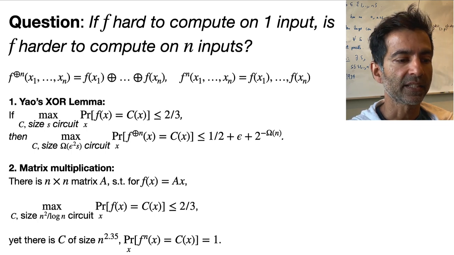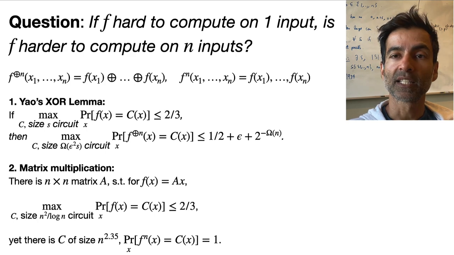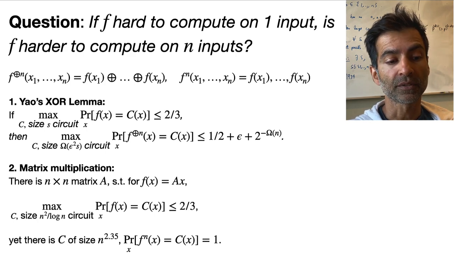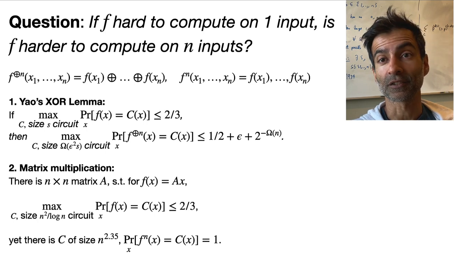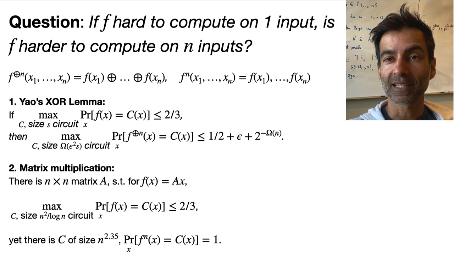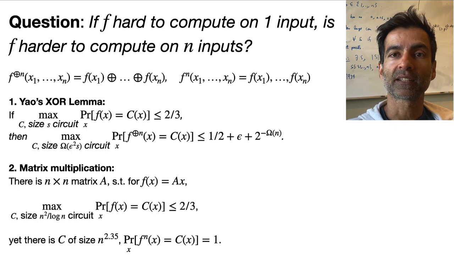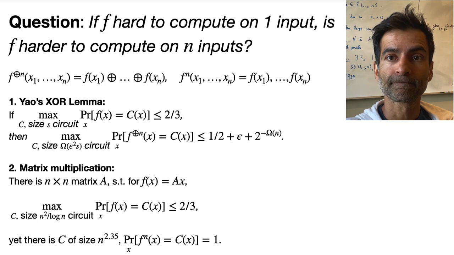So he showed that if you take a circuit of size roughly epsilon squared times s, then the probability of success drops down to close to half. So this is Yao's famous XOR lemma. That's a result that says that when you take the n-fold XOR, it becomes harder to compute.